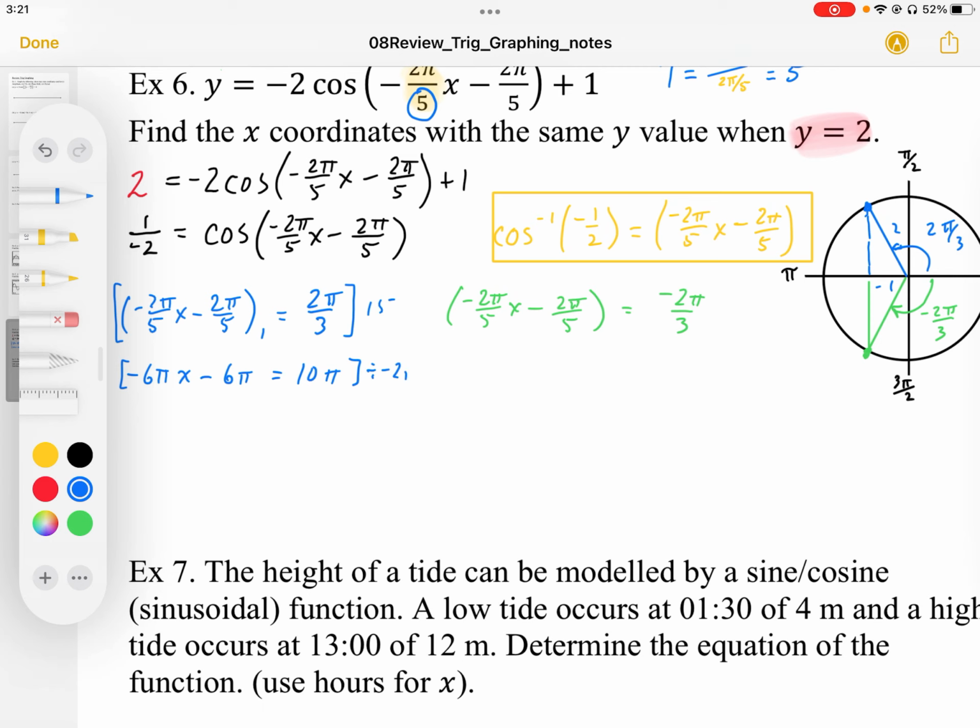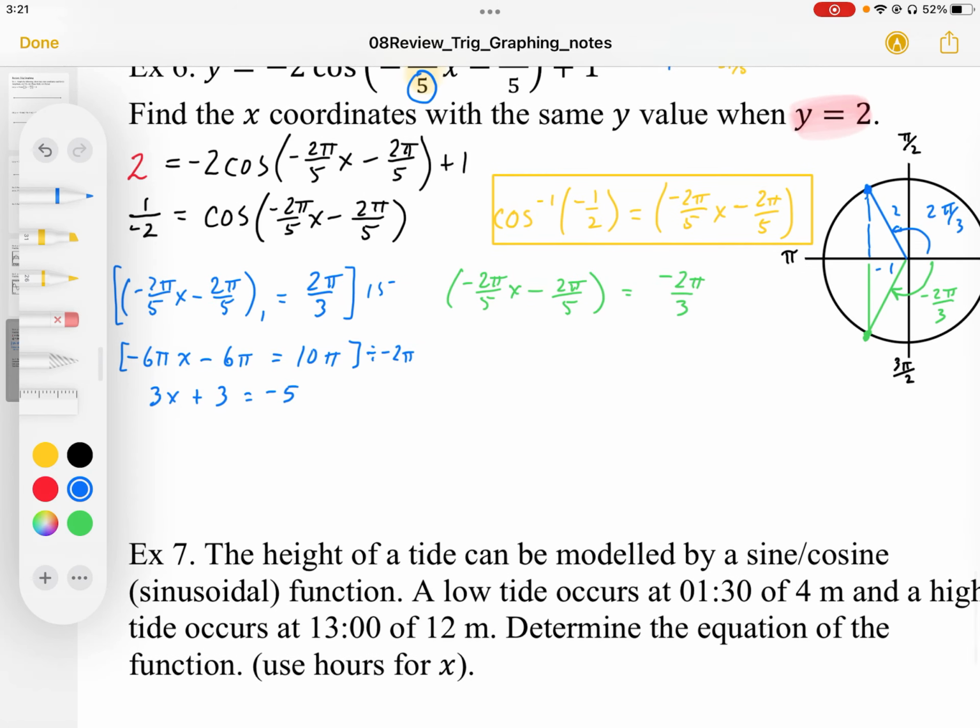I end up with 3x plus 3 equal to -5. Then solving for x, I get x is equal to negative 8 over 3. This is negative 2.6 repeating, which I round to negative 2.67.